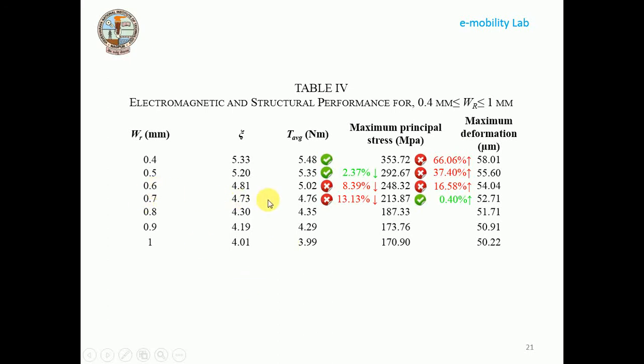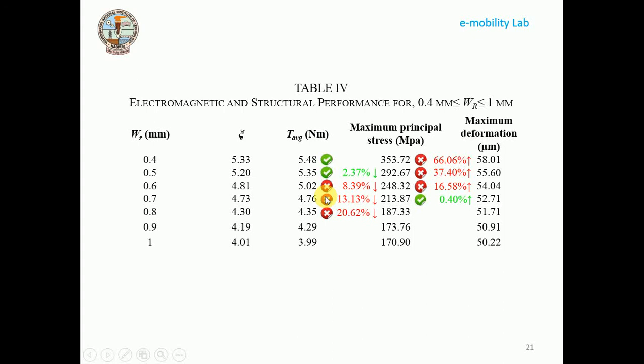So, we can have a rib width of 0.7 mm to have a mechanically robust rotor, but in terms of electromagnetic performance, there is 13% lower torque than the original torque value of the motor. These values are all compared with 0.4 mm.